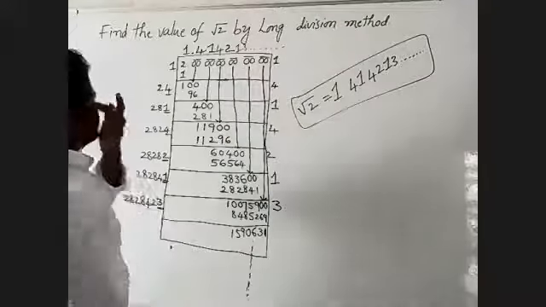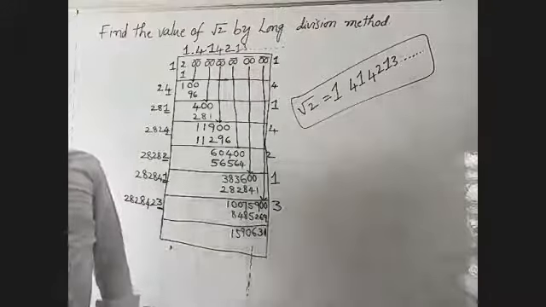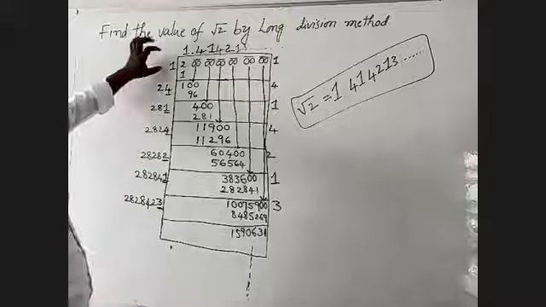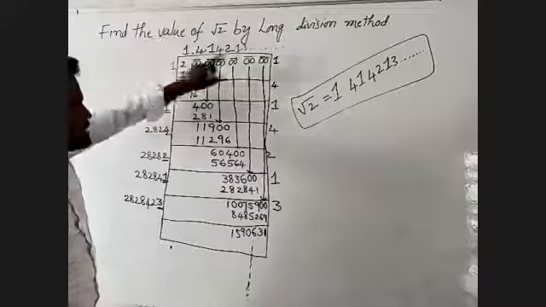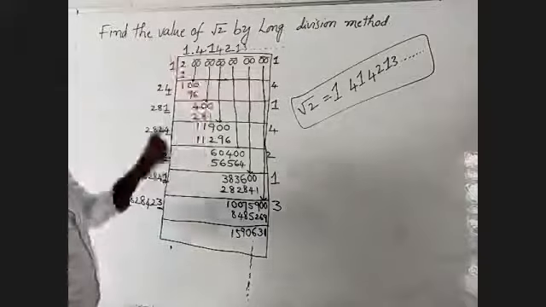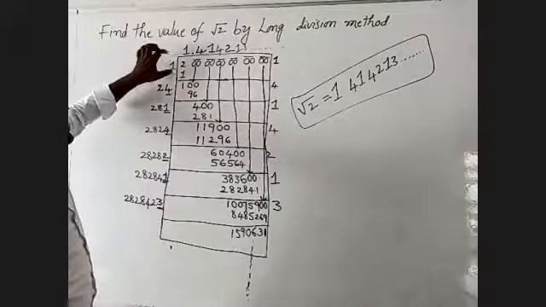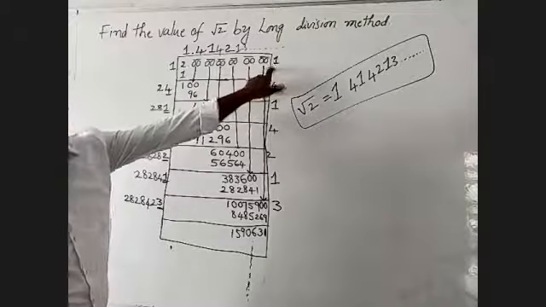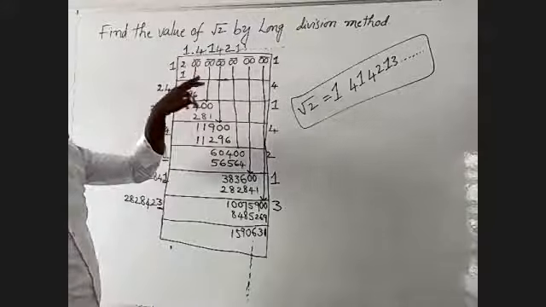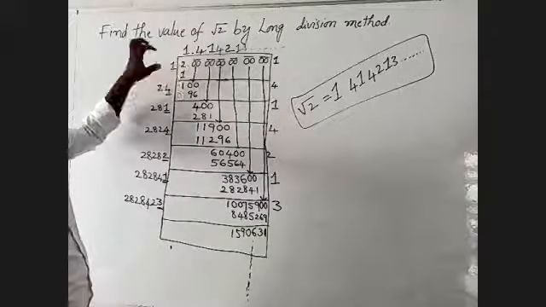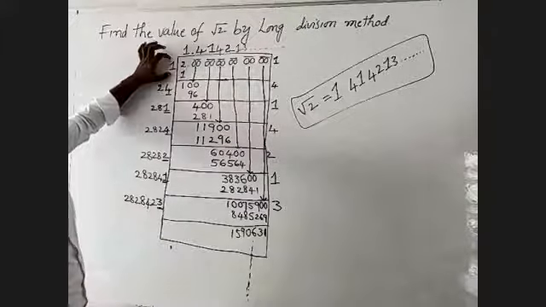This is most important. Here, first we will observe: if we take the number 1, it can be multiplied only by 1. If we take the number 2, it can be multiplied only by 2. If we take the number 3, it can be multiplied by only 3. If the given number is 2, we will take the number 2.